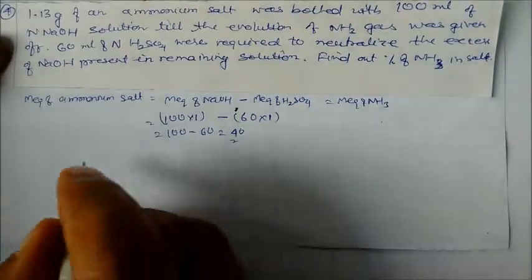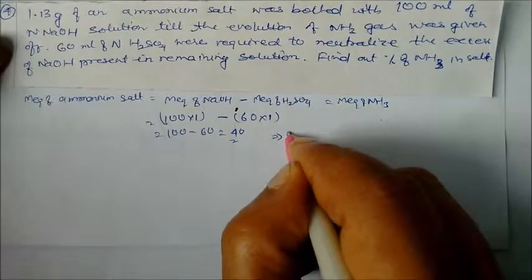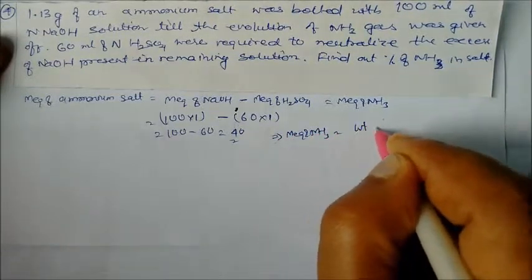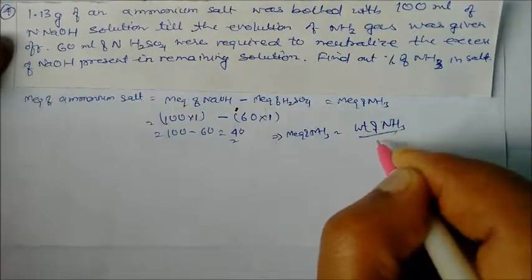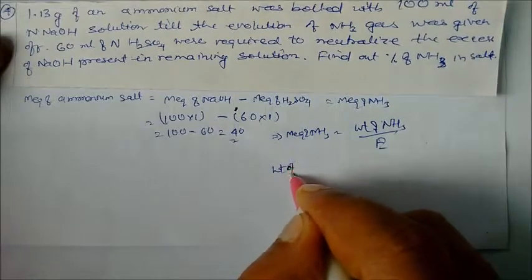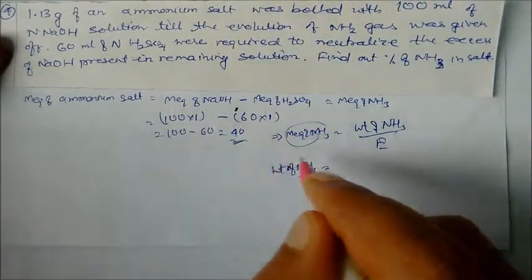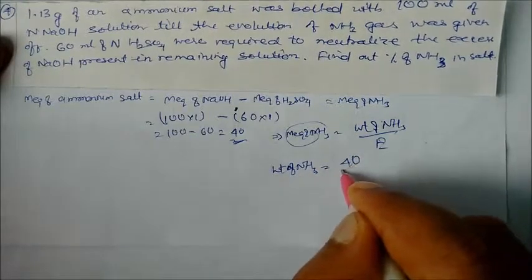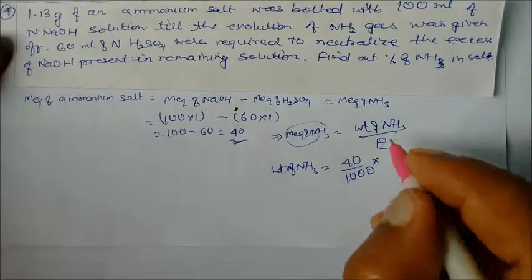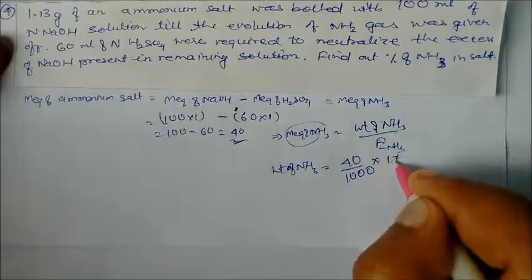Now we have to find the weight of the ammonia. Milliequivalent of ammonia is the weight of ammonia divided by equivalent weight. So weight of ammonia is 40 divided by 1000, the milliequivalent weight, multiplied by E. E of ammonia is 17.